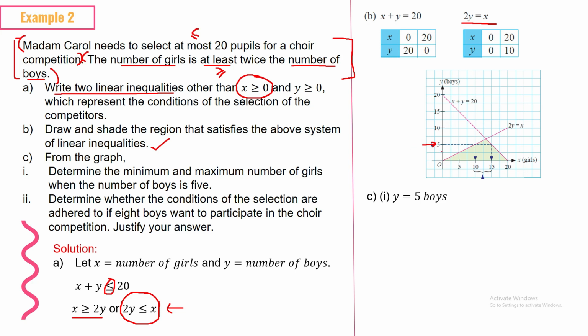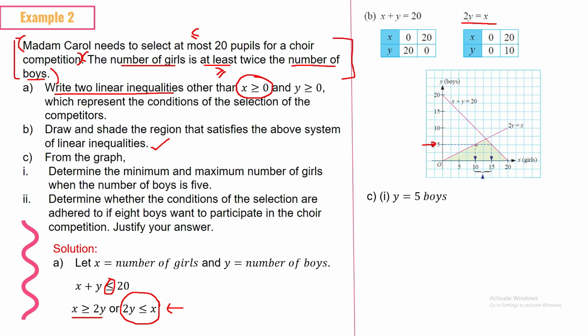Then you draw a line until it intercepts the straight line that we have drawn. First intercept here, and then we go down and check. Then we get x equal to 10. It's not done yet.